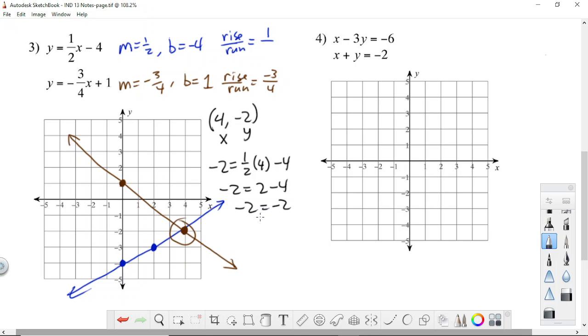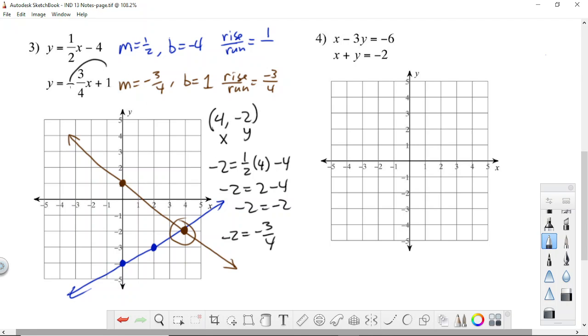But we don't know if we're correct yet, right? We just checked this in one of the equations. We need our point, our ordered pair, to satisfy both equations. So to really check it, we've got to put it in the other one as well. So let's do that. We put in y of -2 equals -3/4.